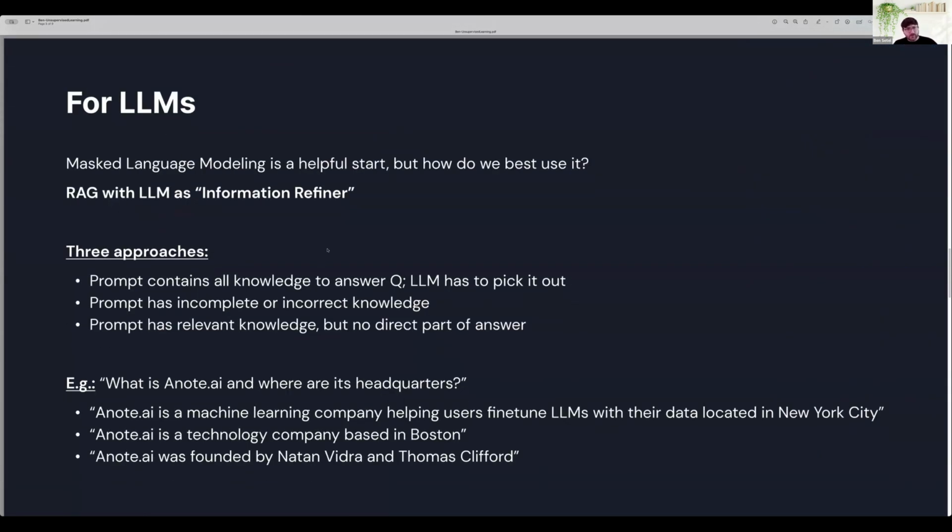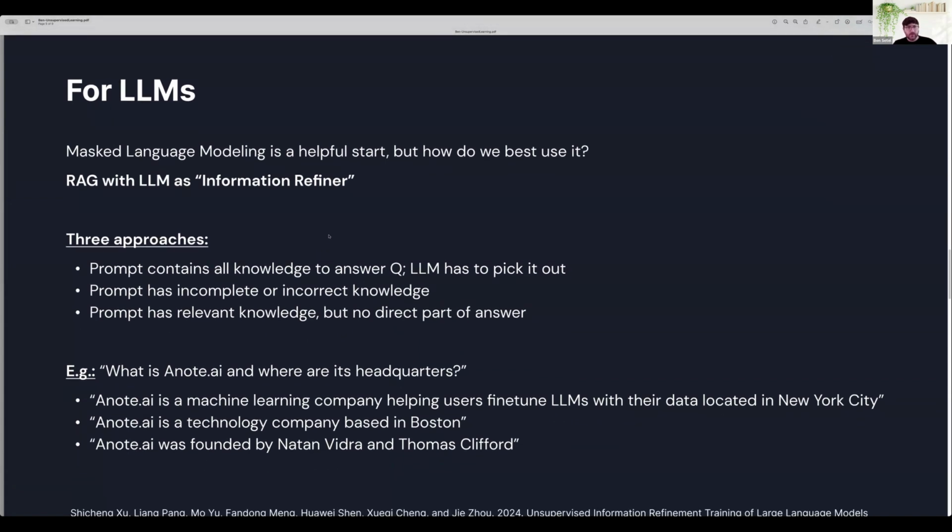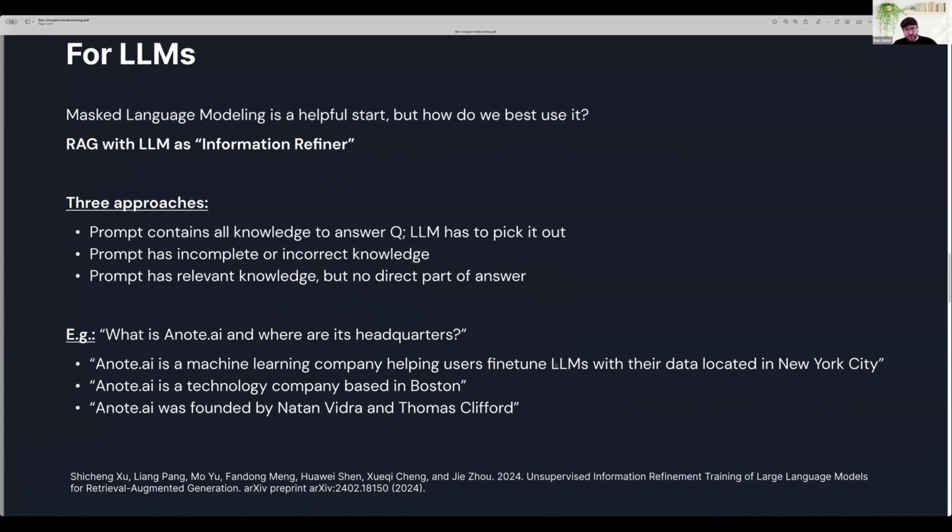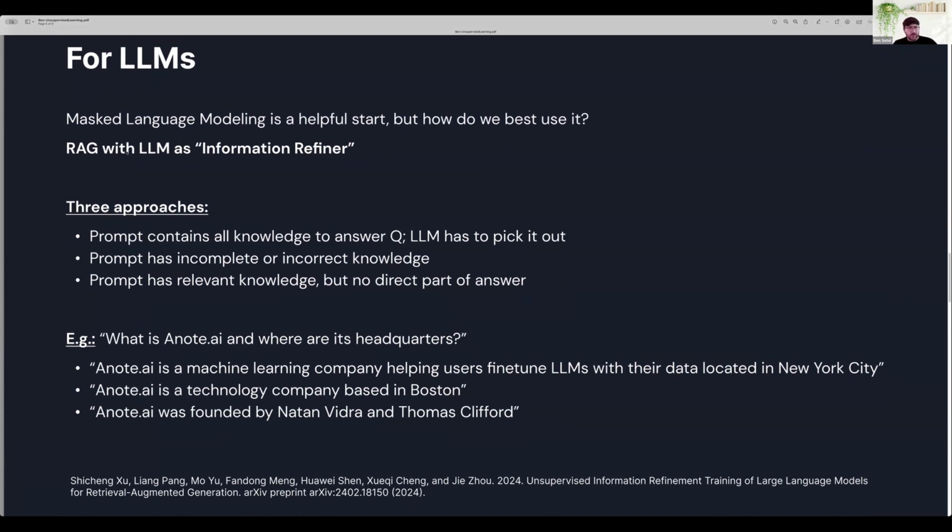So for large language models, we extend this approach a little bit. Today I'm going to talk about this excellent research paper that uses a technique called RAG to help train an LLM to be an information refiner. So first, RAG is short for retrieval augmented generation.